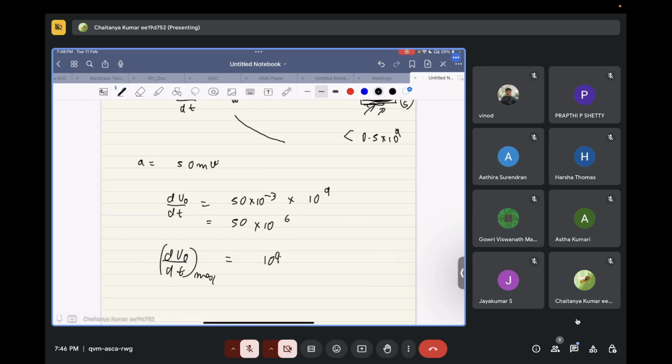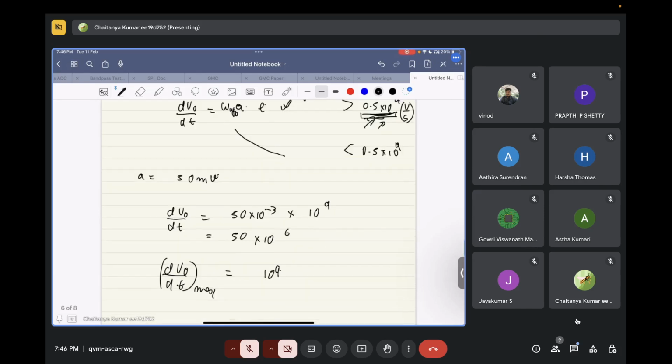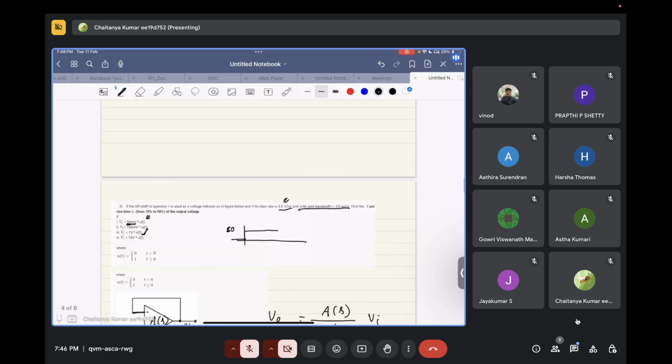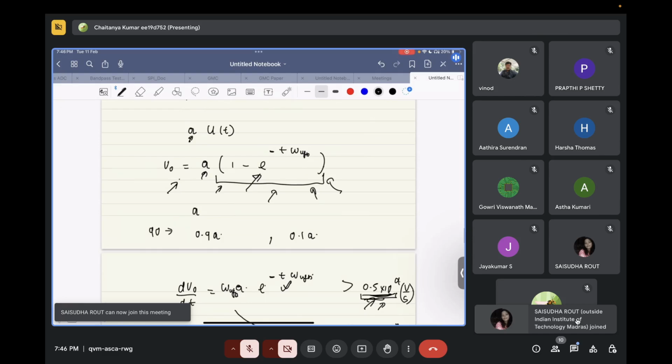Correct. So for 100 millivolt and for 50 millivolt, there won't be a problem. This particular equation will be used to find out rise time and fall time.